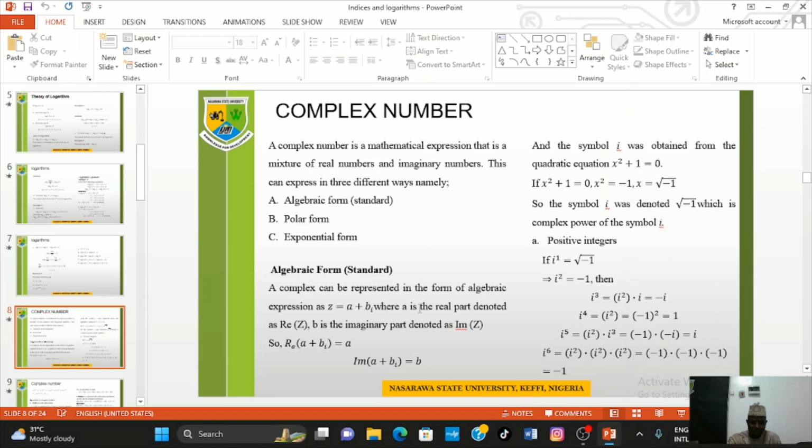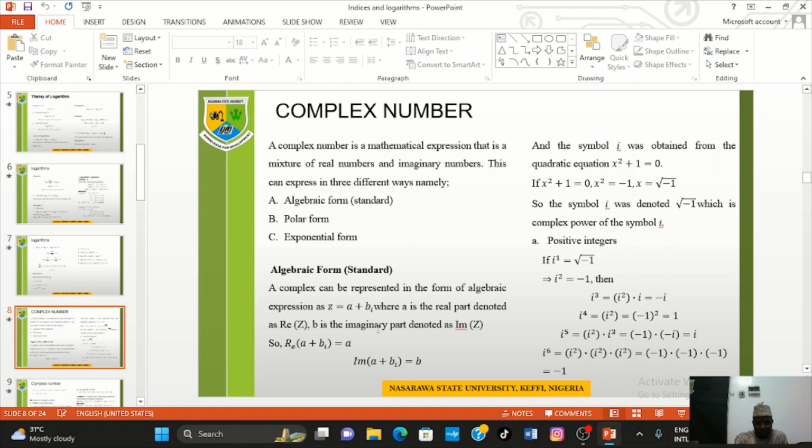where a is the real part denoted by Re(z), that is, Re stands for the real part of the complex number z.